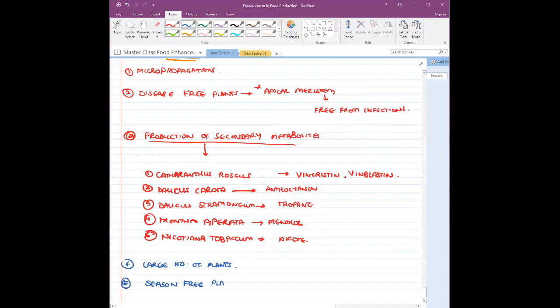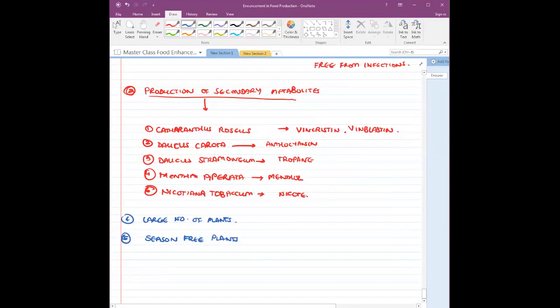So we generate season free plants. Along with this, guys, endangered species or rare species can be saved. Really endangered species, we can keep safe, because we can keep on growing them again and again.